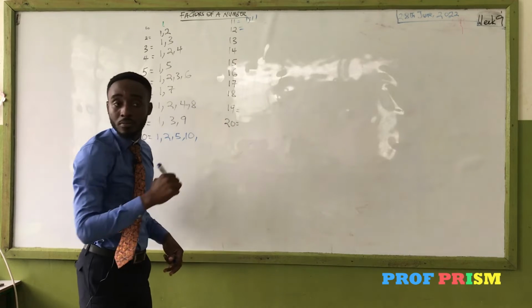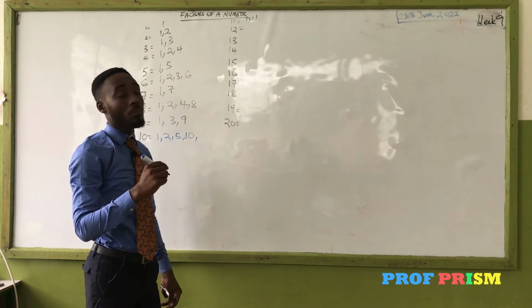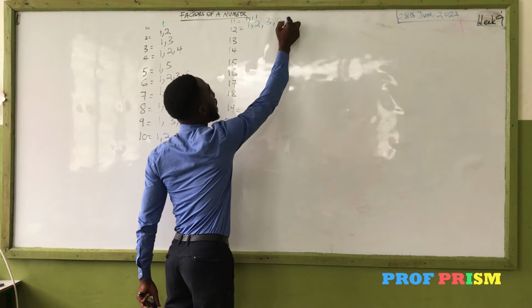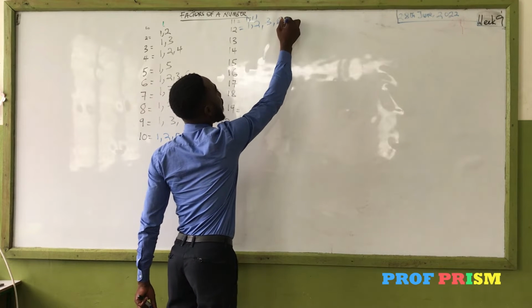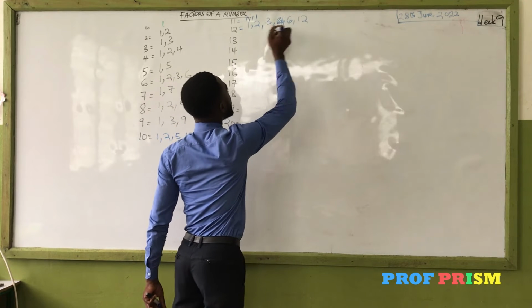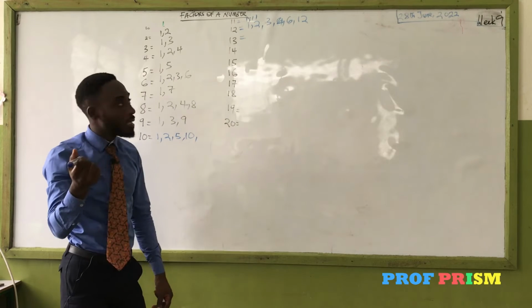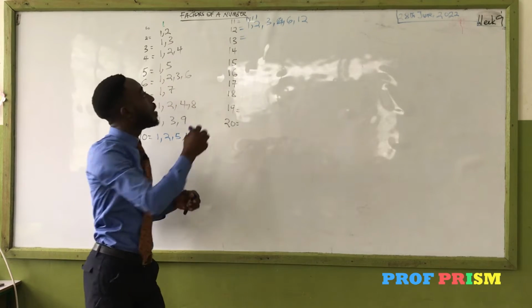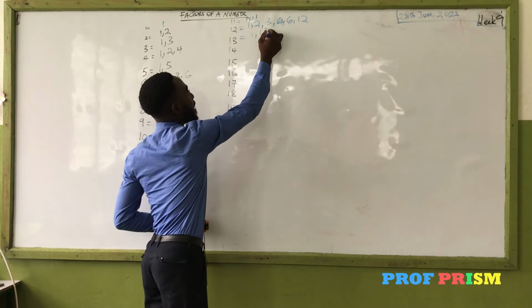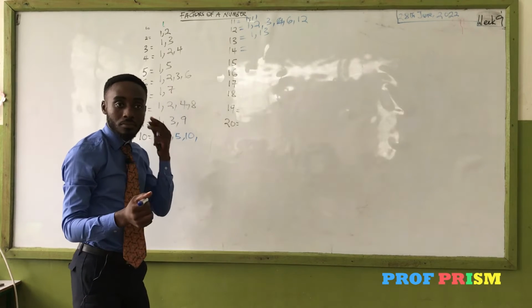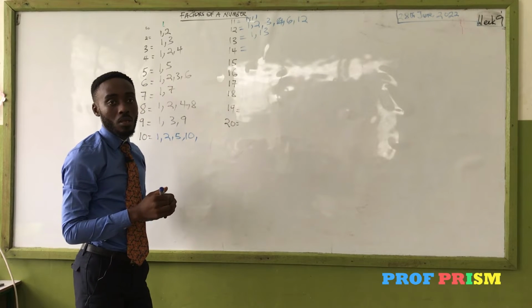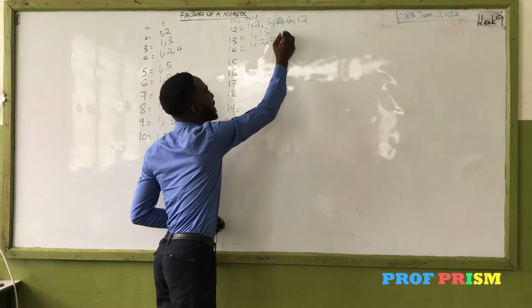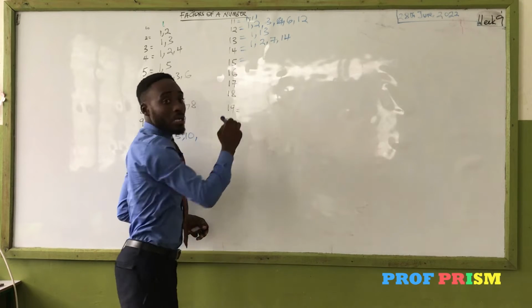The next one. 1, 2, 3, 4, 6, and 12. Next one. 13. Okay, 1 and 13. 14. 1, 2, 7, and then 14.